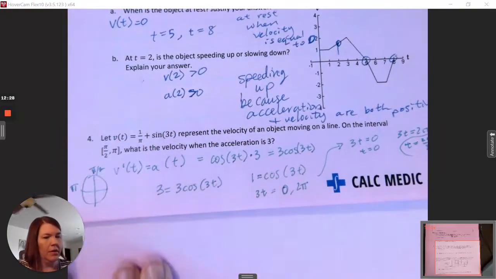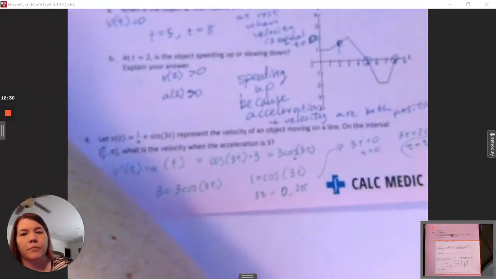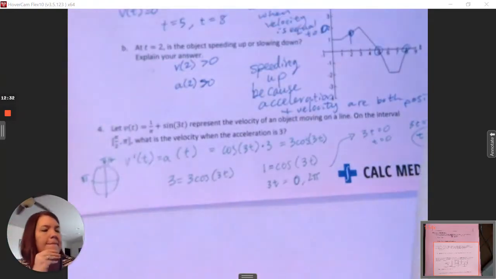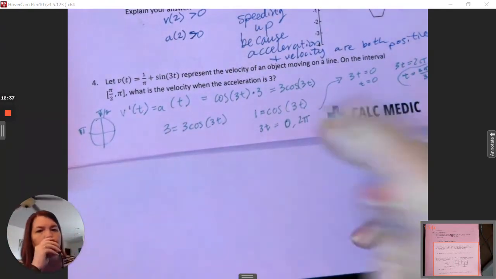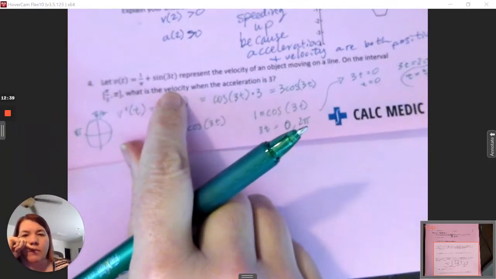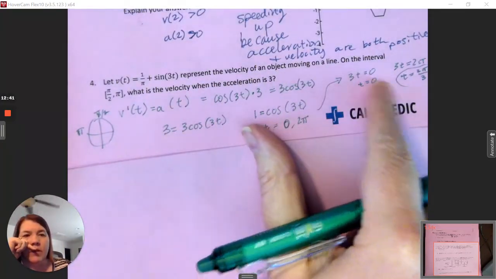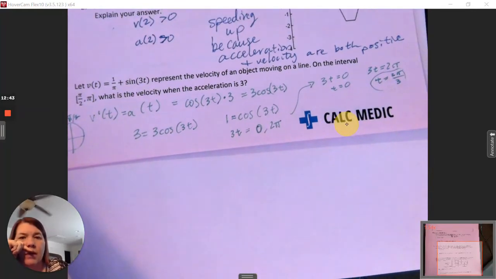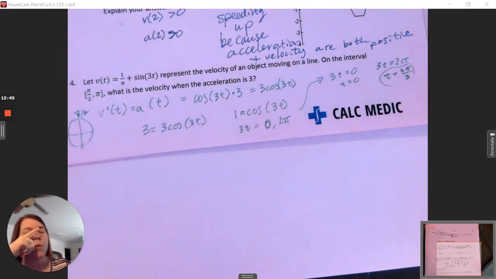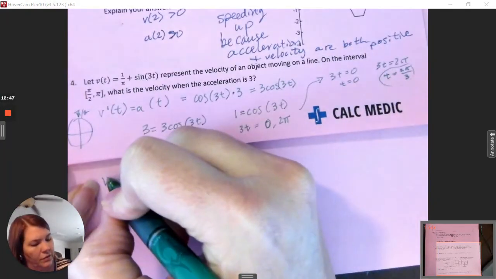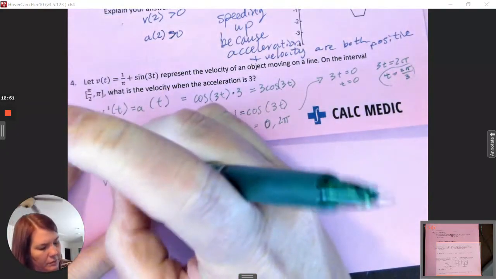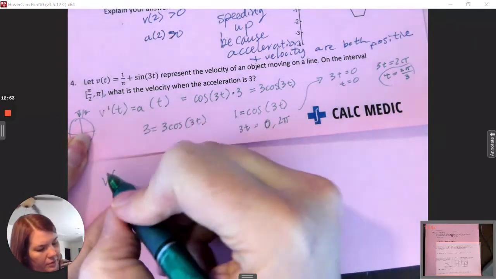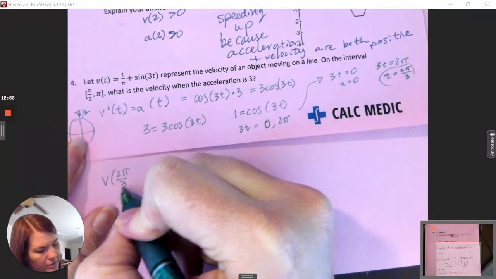So the velocity when the acceleration is 3. The acceleration is 3 at time equals 2 pi thirds. What is the velocity? So we want v of 2 pi thirds.